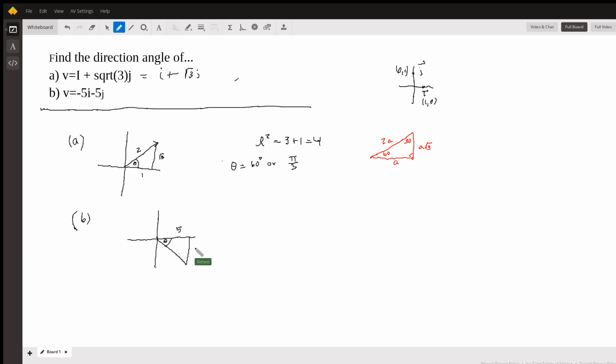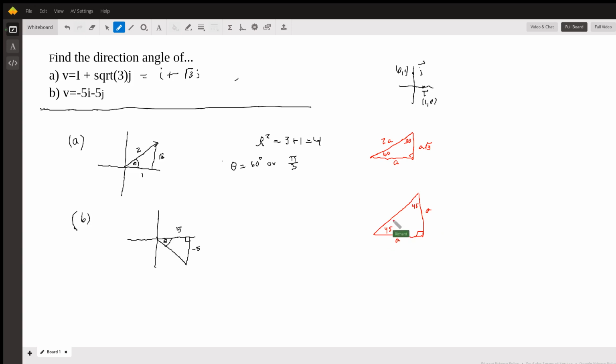And this is 5 here, negative 5 here. Okay. Once again, we refer back to the special right triangles. And we'll look at the 45, 45, 90 now. 45, 45.